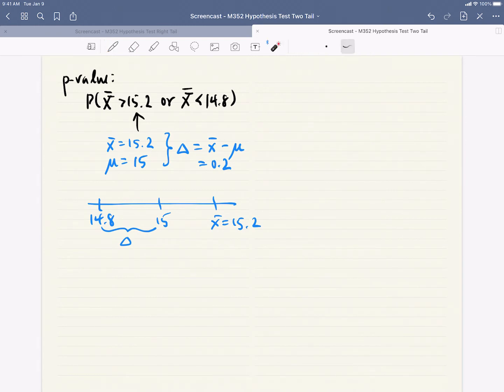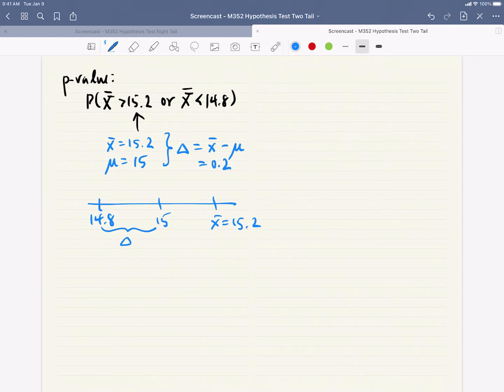So that's where these two numbers come from. 15.2, that's our sample mean. 14.8, that's our mirror point. That denotes the start of the other tail. So now we need to calculate this probability.